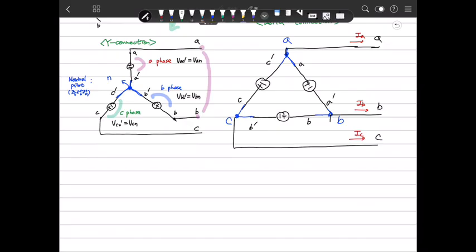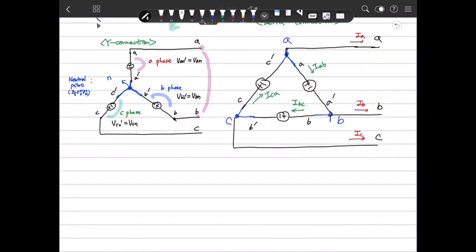But the current flowing through this source is different. This is a little bit different compared to the source in the Y connection. So we define the current here as IAB, this current as IBC, and this current as ICA.